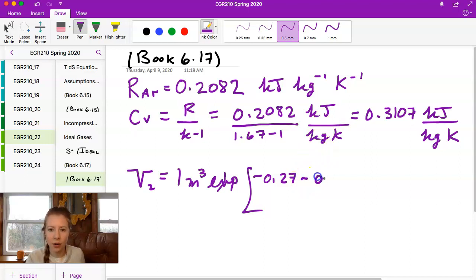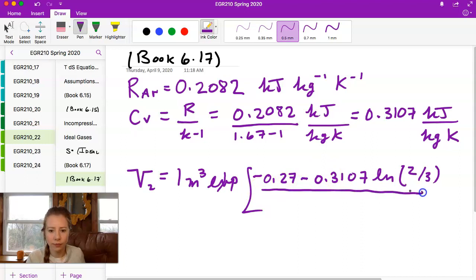So that's going to be 0.3107 kilojoules per kilogram Kelvin times the natural log of T2 over T1, which is going to be 200 over 300, or just 2/3, divided by R, which is going to be 0.2082 kilojoules per kilogram Kelvin. So we have the same units in the numerator as the denominator. So the units cancel out.